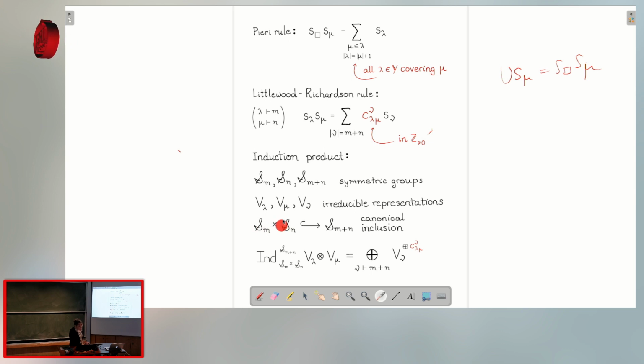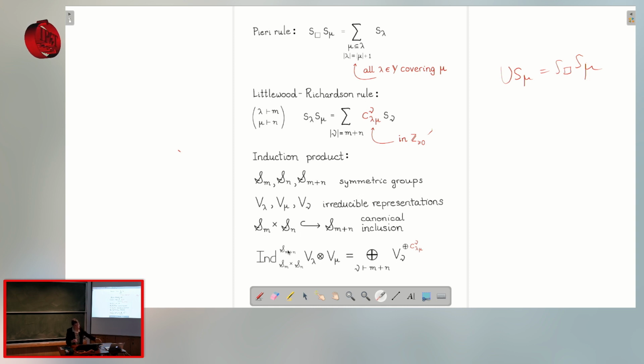But that Cartesian product naturally embeds in the symmetric group of Sm plus n, where I think of Sm as permuting the first m indices and Sn the last n indices. So it sits as a subgroup, and we can take this tensor product of the representations and induce it to the full group.